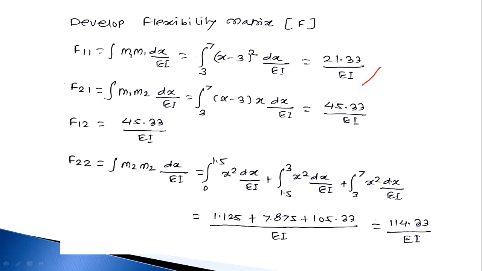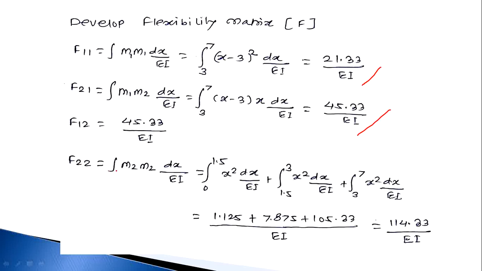So F21 is equal to the integration of M1 into M2 dx upon EI. This F21 is equal to F12. So the integration from 3 to 7 of (x minus 3), this is M1, into x, this is M2, into dx upon EI. So F21, or F12, is 45.33.